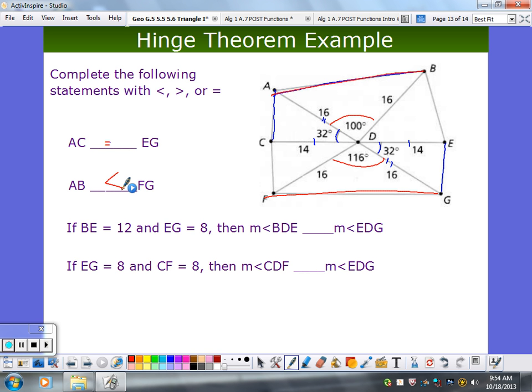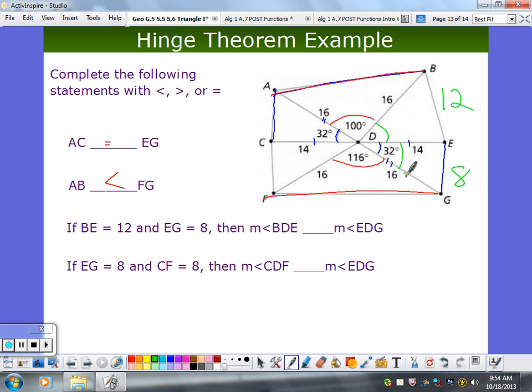Let's see what it's got here. It's BE. BE is 12. And what else do I have? EG is 8. What do I know about angle BDE and EDG? Less than, greater than, equal. Am I in a Hinge situation? 16, 16 to 14 works for both, right?